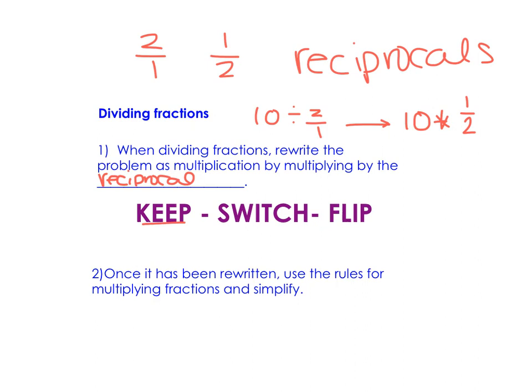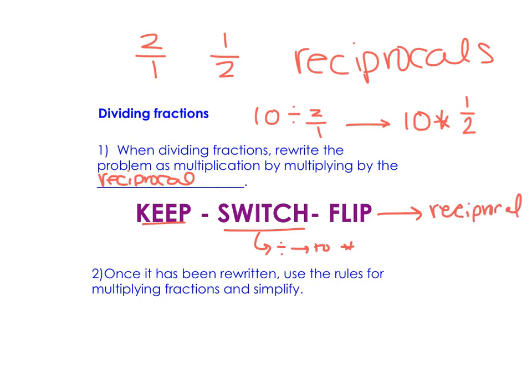So just like when we rewrite subtraction into addition and we use keep, change, we can write any division problem into multiplication by using keep, switch, flip, which means we switch from division to multiplication, flip to the reciprocal.